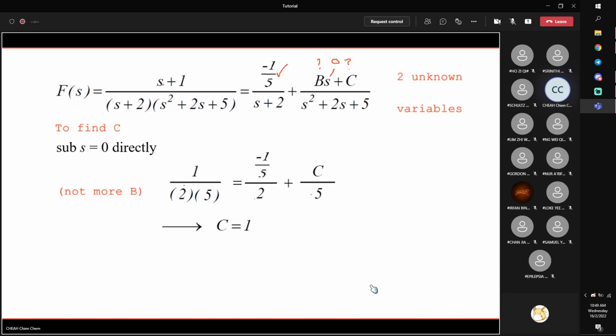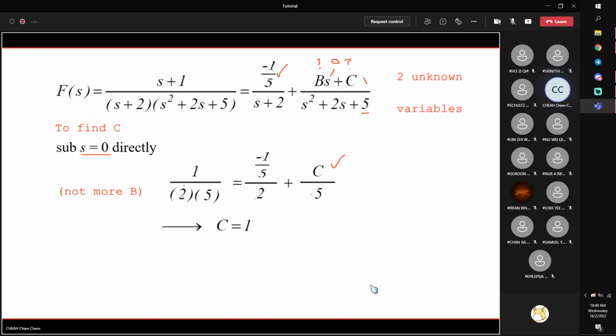Left hand side, s plus 1 becomes 1, s plus 2 becomes 2, s squared plus 2s plus 5 becomes 5, with s equal to 0. And right hand side, this becomes 0, you divide by 2 only. B multiplied by 0, you have only c, and then dividing by 5, because the rest will be equal to 0, you can solve this easily for c, which is equal to 1.